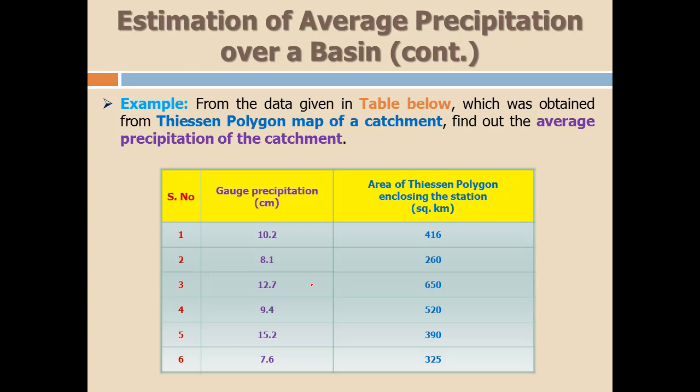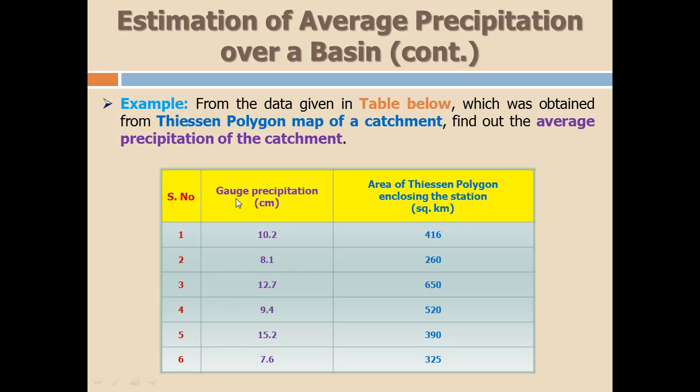From the data given in the table below, which was obtained from a Thiessen Polygon map of a catchment, find out the average precipitation of the catchment. In this table, number 1 is the serial number, or you can say the station number. So how many are the total stations? There are 6 stations, 1, 2, 3, 4, 5 and 6.